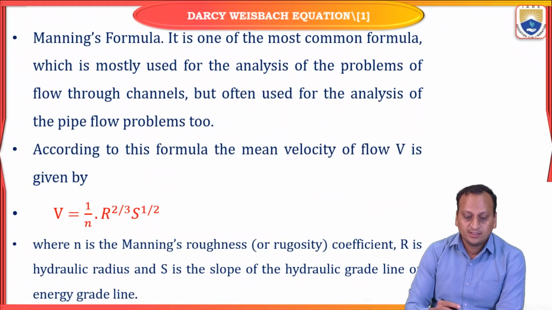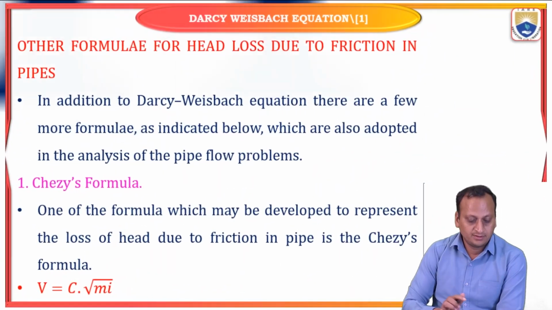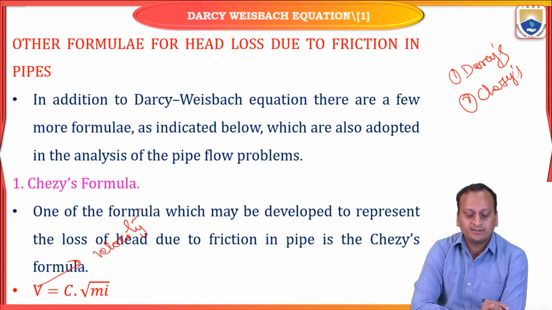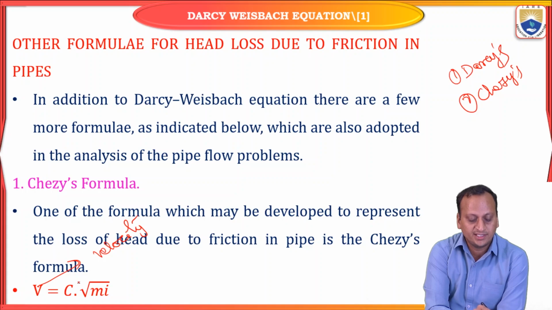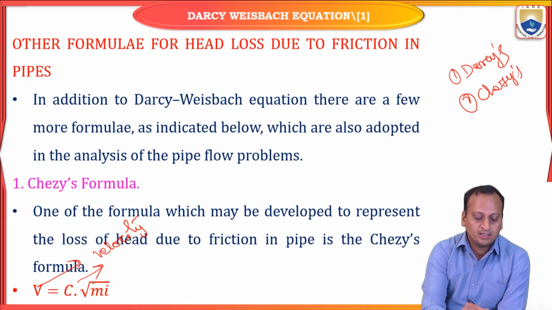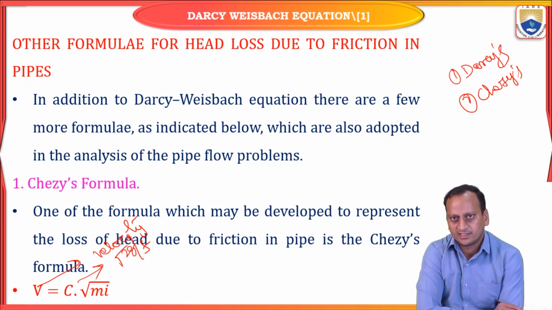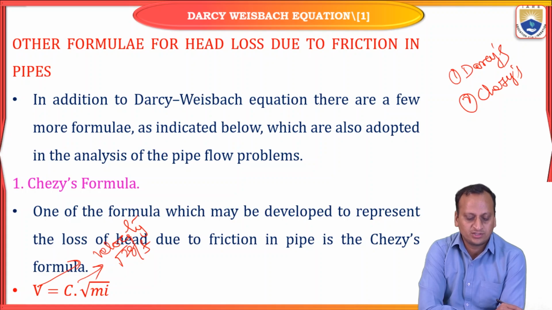Here V indicates velocity, where C is Chezy's constant, or root 2g by f. Sometimes Chezy's constant value will be provided.